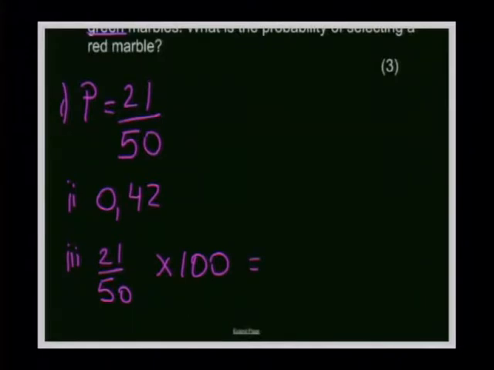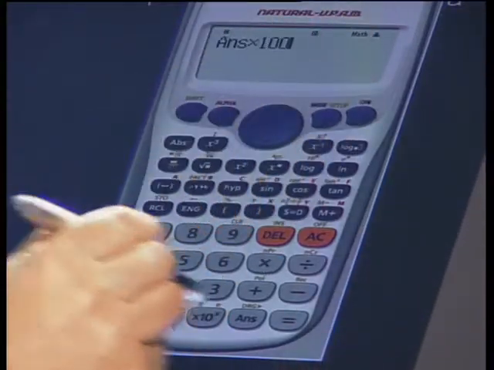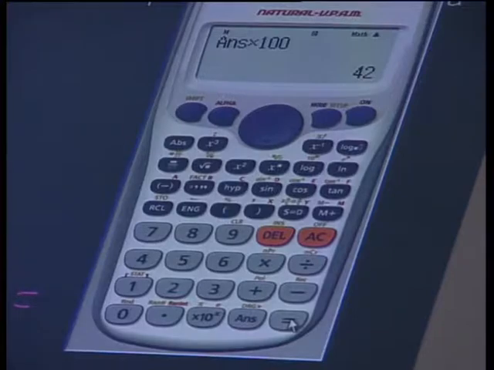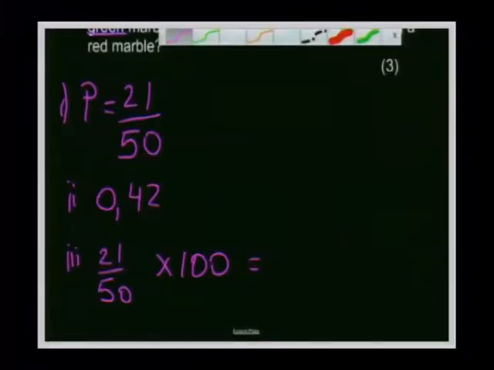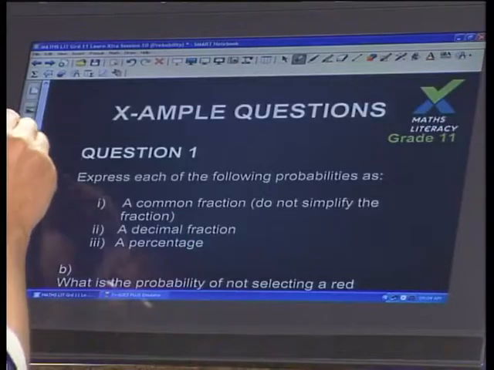I've already got my decimal, so I can times that by 100 and get the answer of 42. And remember that your 42 is a percentage. For the rest of the answers, you don't need to give a unit, but as soon as we've got a percentage, then I want a unit. Right, let's move on to the next question.